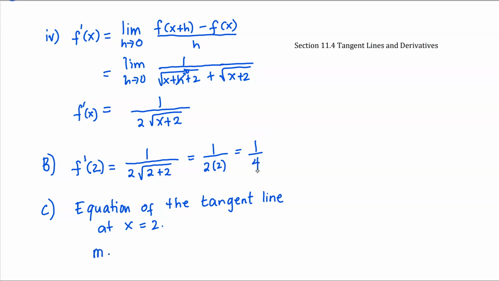So the slope will be equal to f prime at 2, which is equal to 1/4. Then we use the point slope form, which is y minus y sub 1 equals m, that's the slope, times x minus x sub 1.